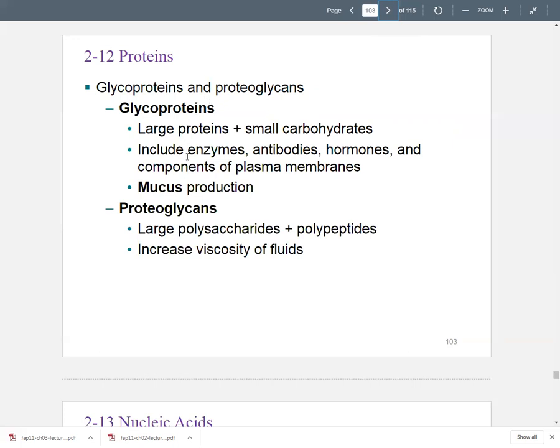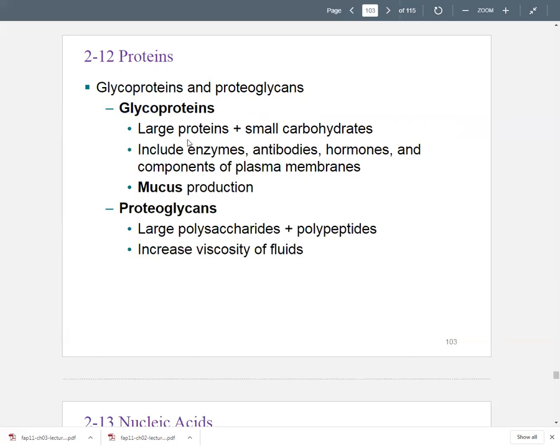Other types of proteins, you have glycoproteins. These are very large proteins, and they have small carbohydrates on them. And the way that I remember these is the part at the beginning is sort of an adjective, which means that it modifies the noun. So protein is the noun.